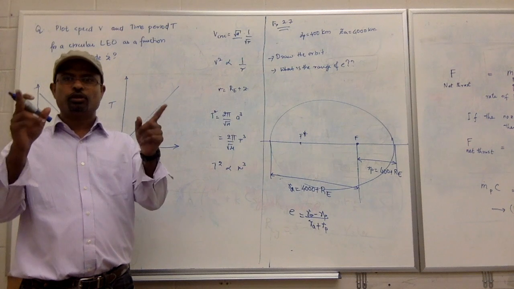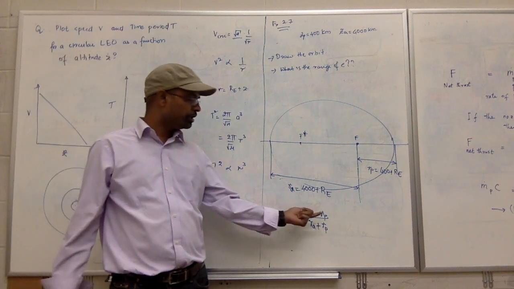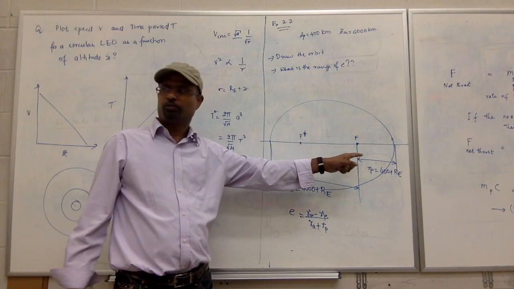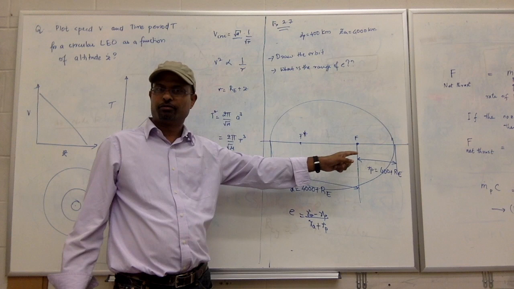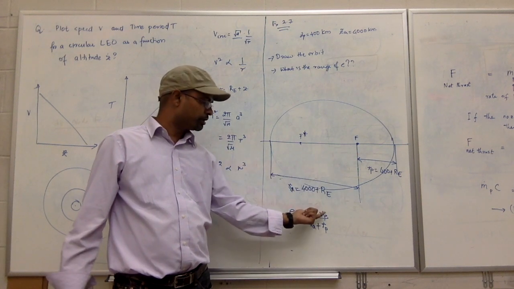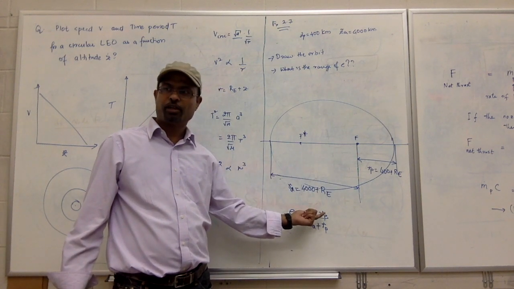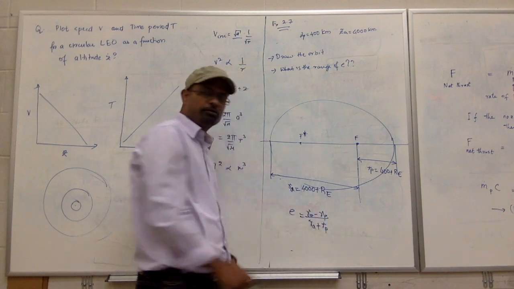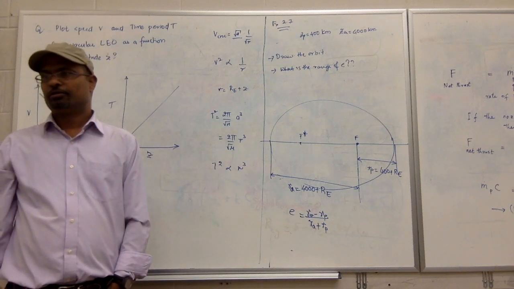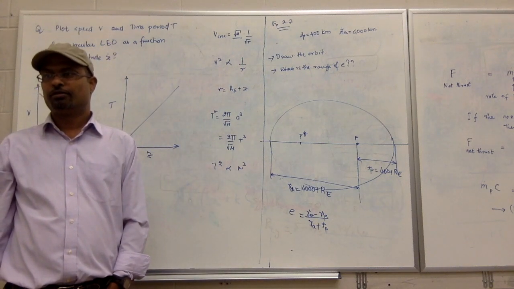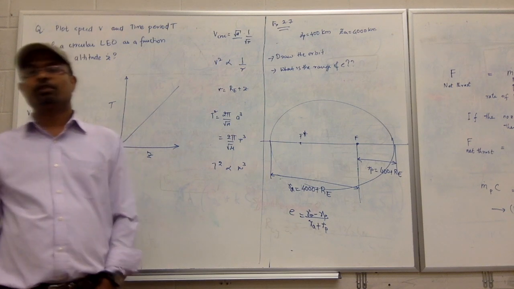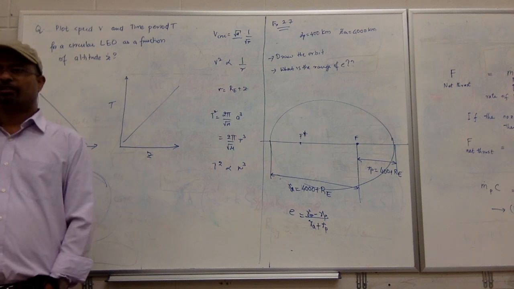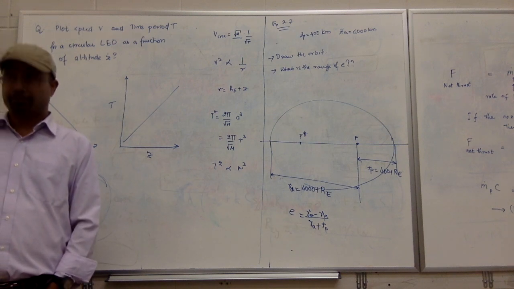It's the ratio between the foci. This is the distance between the foci, right? RA minus RP is this distance, divided by the... You also said it's the shape of the orbit, right?